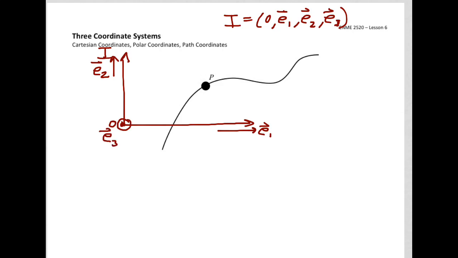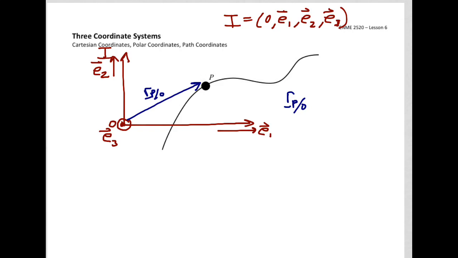Right. So now that we have our reference frame, we have this vector, and this vector goes from O to P. We're talking about position vectors, so it's r of P with respect to O. And then in this basis, r of P with respect to O is going to be a coordinate in the E1 direction plus a coordinate in the E2 direction.